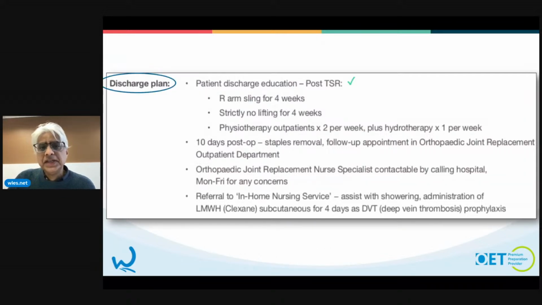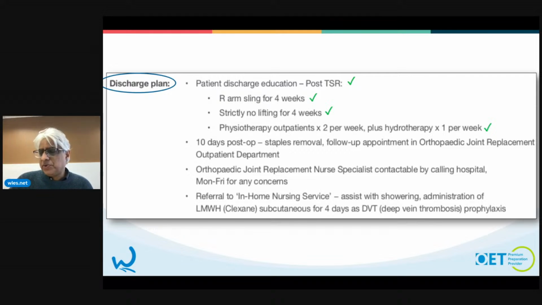Just going through this together. We mentioned she has been educated. The patient does know what to do post-discharge. Her right arm is in a sling for 4 weeks. The home nurse would need to know that. She must refrain from any heavy lifting as well.